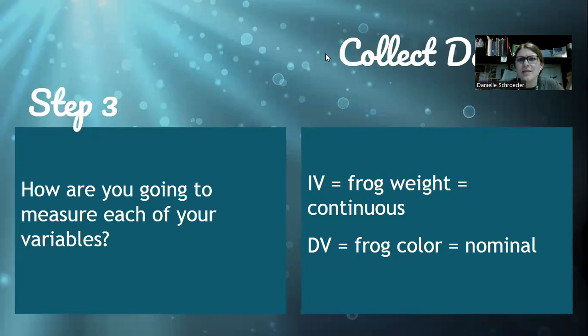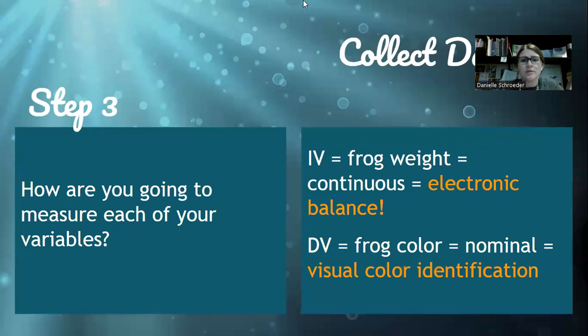Step 3, in collecting data well, how are you going to measure each of these variables? We've got frog weight, it's continuous. We've got frog color, it's nominal. So for me, I know that the easiest way to measure frog weight is using an electronic balance. I am going to simply weigh each frog when I catch them. Color is a little bit more subjective.